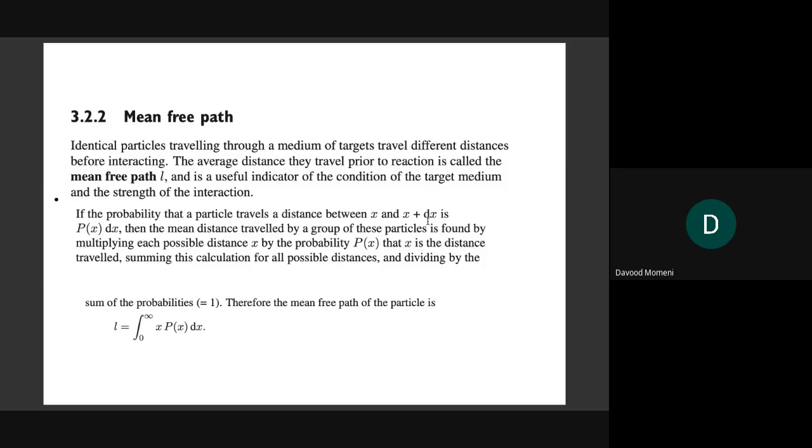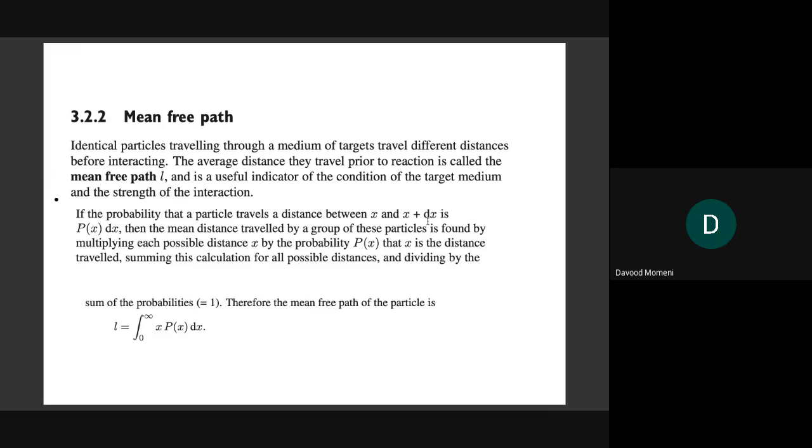So p(x) delta x will be the probability that a particle travels in the short distance. Then if you want to calculate the mean distance, you have to integrate or sum over all of such distances which are passed by the particles.